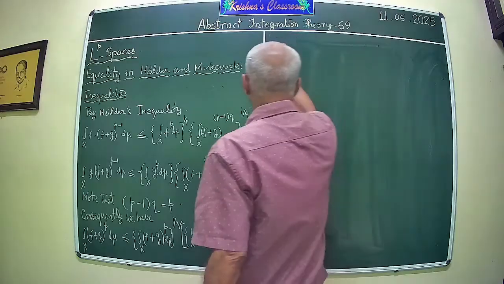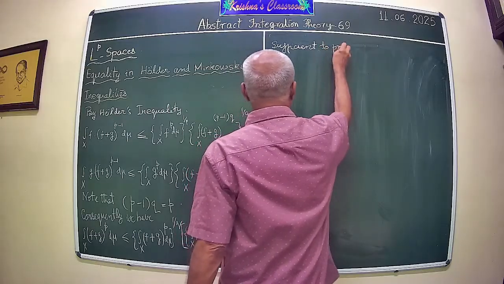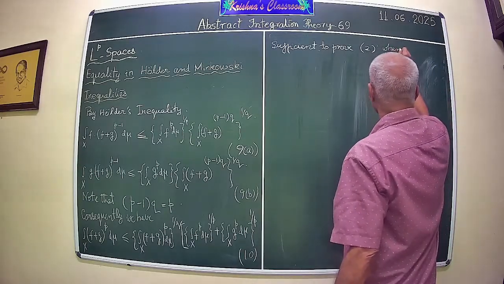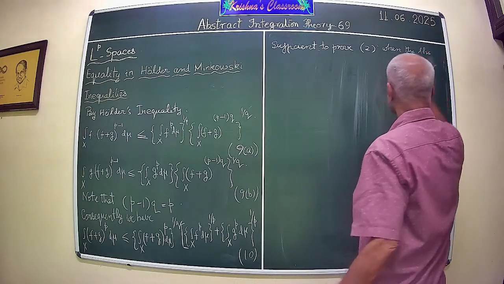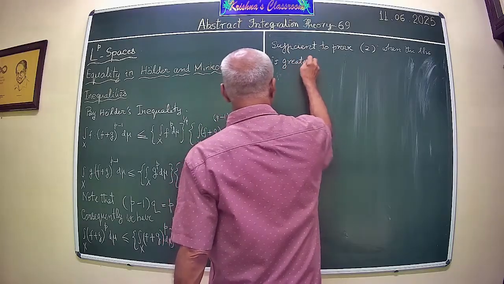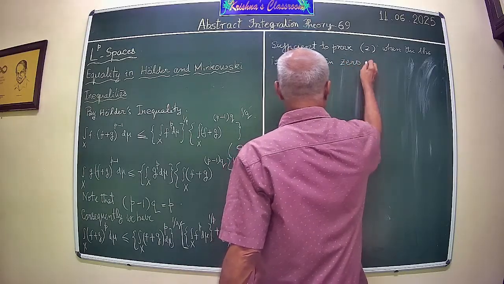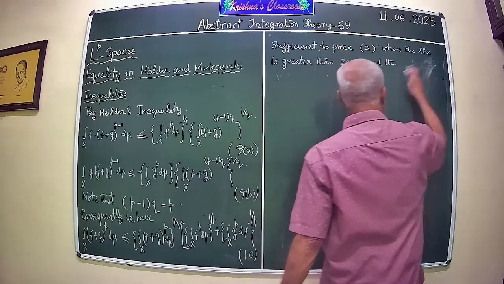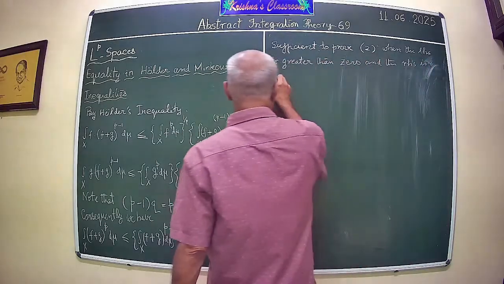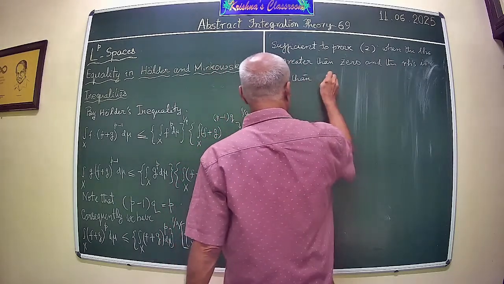So sufficient to prove Minkowski inequality 2 when the LHS, the left hand side, is greater than 0 and the RHS is less than infinity.